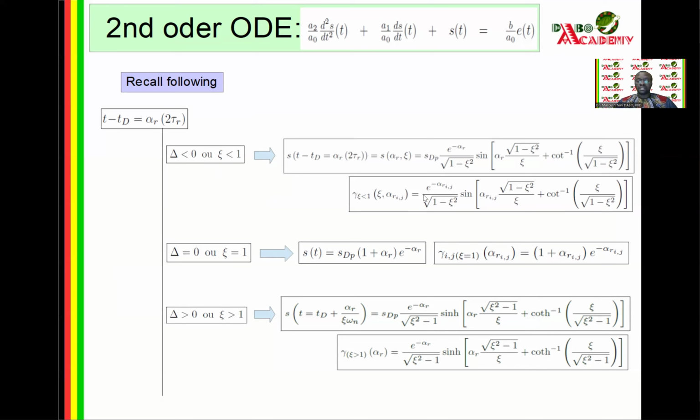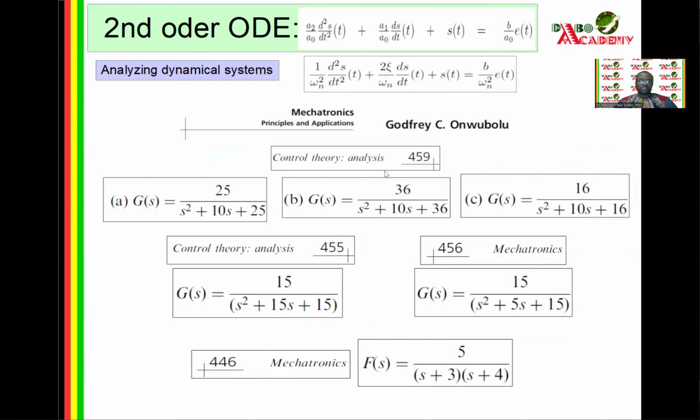This yields a result that links the percentage to a certain multiple alpha of the time constant defined in the sense of Dabo, meaning what I have introduced. You have it for a damping ratio less than 1, equal to 1, and greater than 1. From here, let me now show you some examples. In the French version of this video, I have treated this second one, and I have treated this third one.